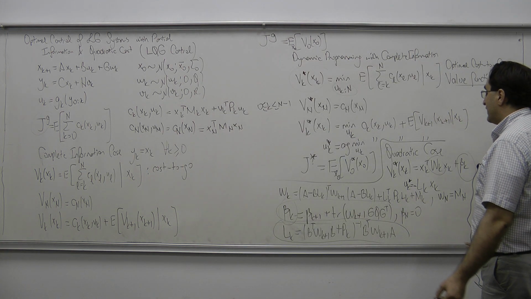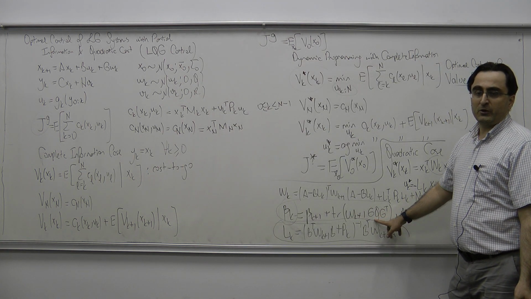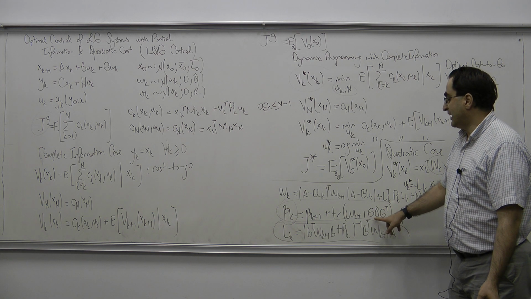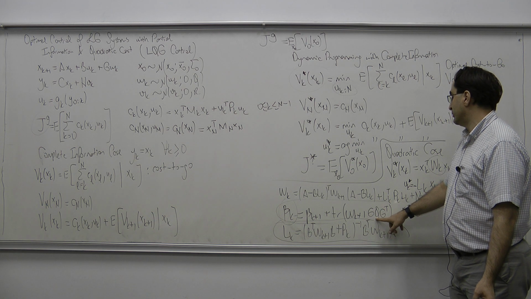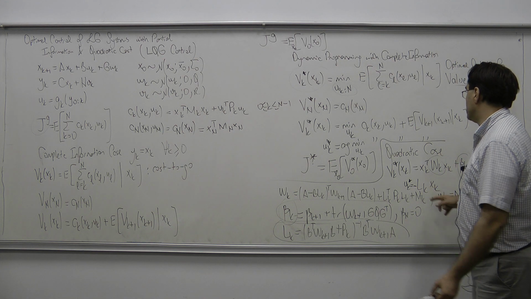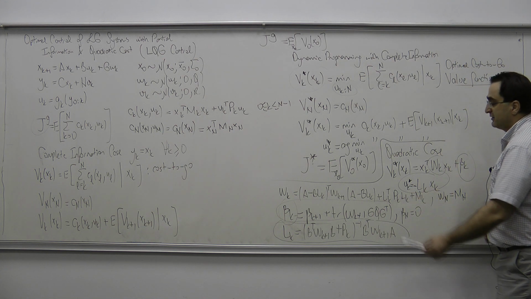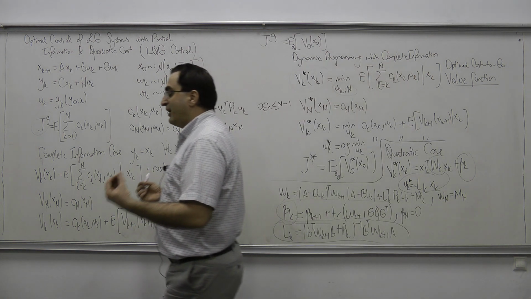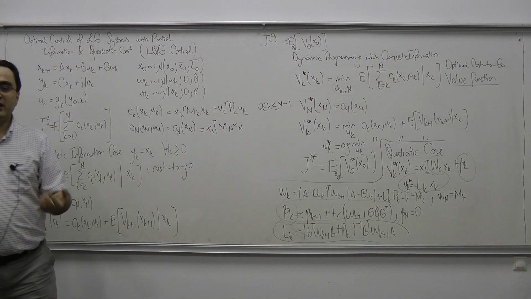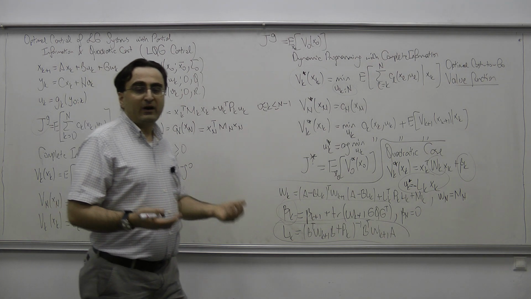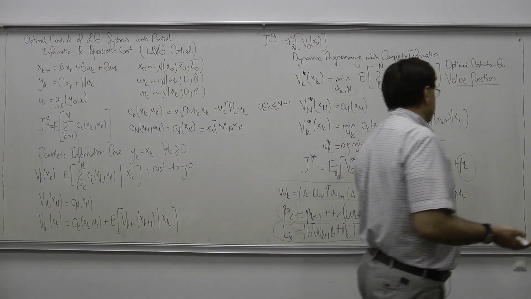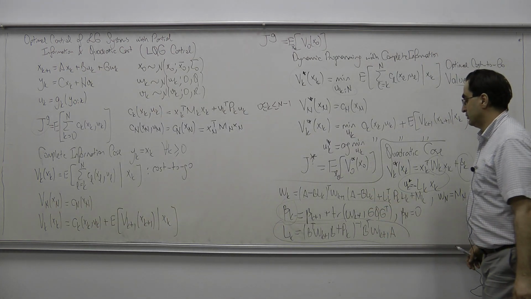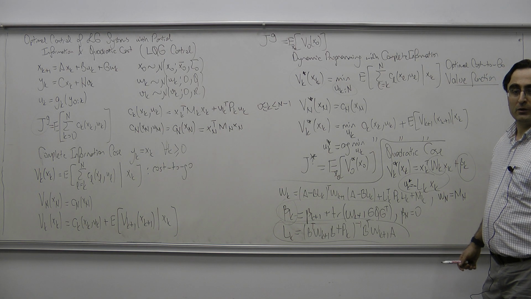So that means that whatever I choose this Q, the optimal control rule would always remain the same. The control rule that we find at the end, the optimal feedback policy that we find at the end is independent of the process noise covariance Q.